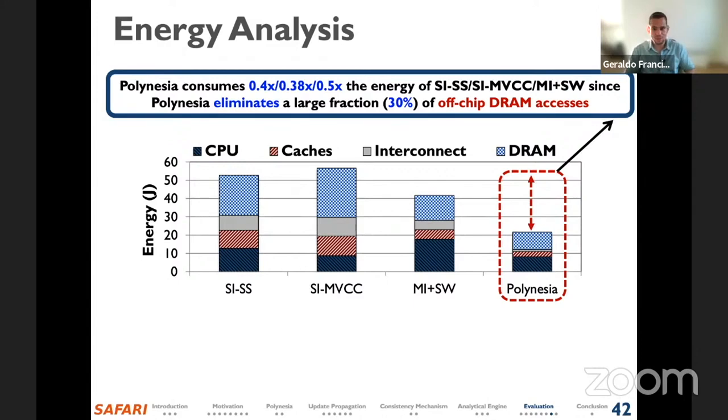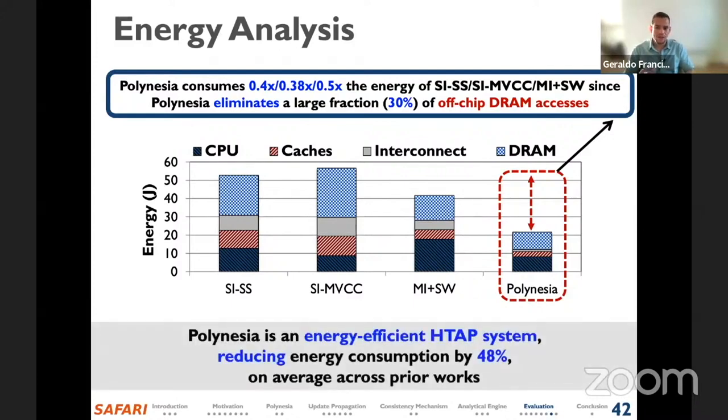This happens because Polynesia reduces a large fraction of the power-hungry off-chip DRAM accesses. So we conclude that Polynesia is an energy efficient HTAP system, reducing energy consumption by 48% on average across all of the prior works.